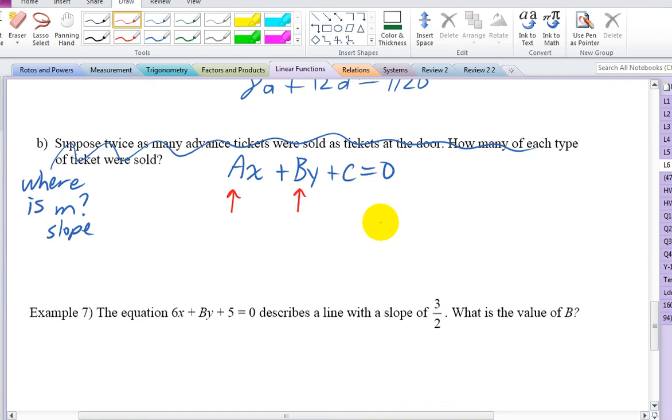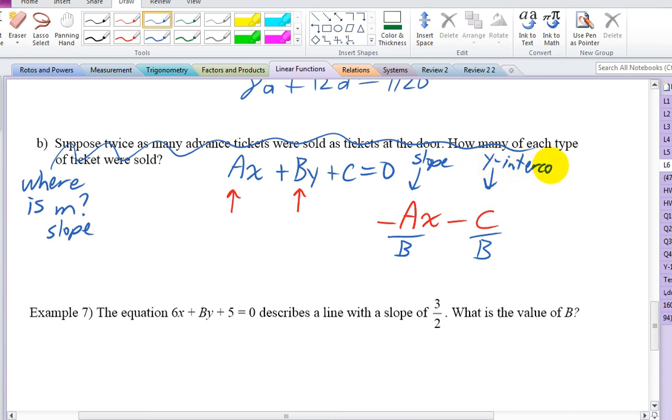It becomes negative A. And then what's the last step? You divide by B. Okay. Now C becomes negative as well, and you also divide that by B. So this is your slope, and this is your y-intercept. Because that will give you y equals.